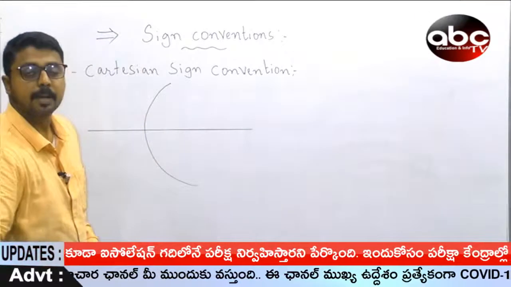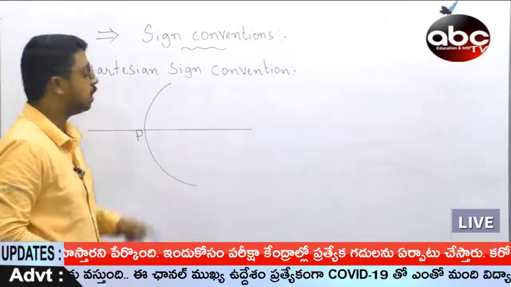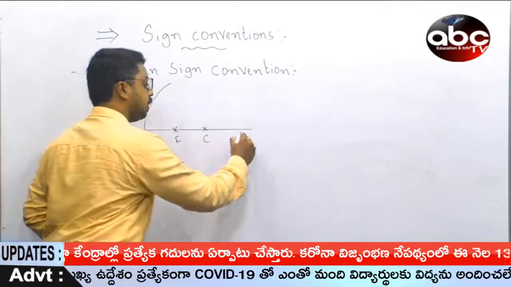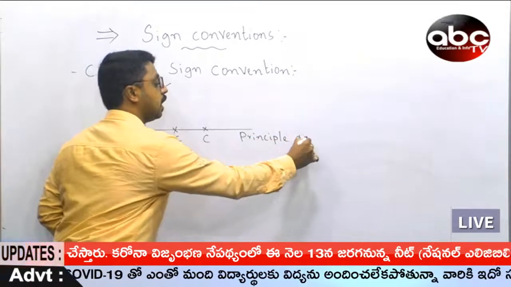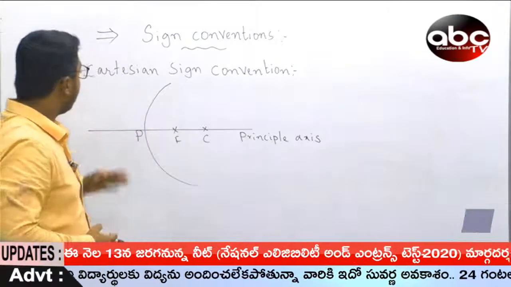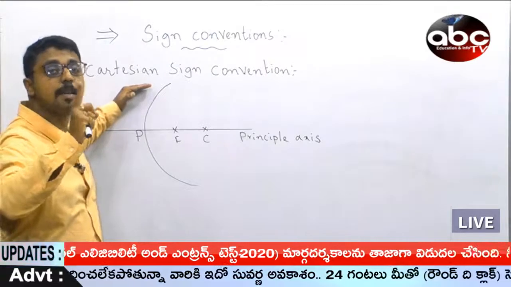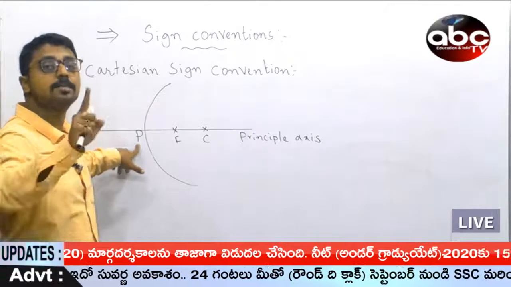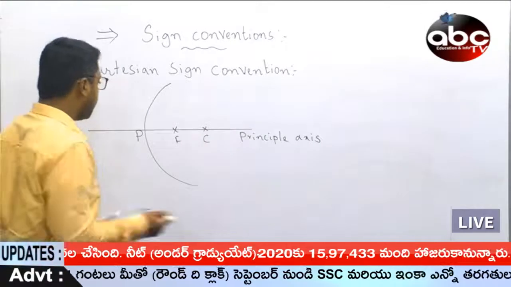By drawing the principal axis, automatically we indicate some terms. This is the pole, this is the focus, this is the center of curvature, and this is termed the principal axis. So it is already known to us. Regarding sign conventions, the very first point is about distances starting from a major point called the pole.